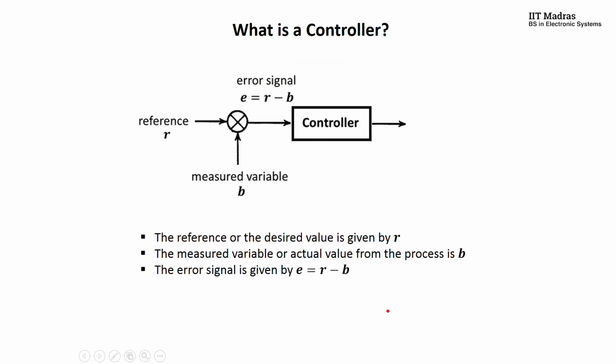Now this is what I was just telling you in the previous slide, that we have a certain reference R. In our case, the reference R is capital H, and the measured value is small h. Once we take the difference between them, we get the error, and this runs a certain algorithm which can be used to generate a controller output.